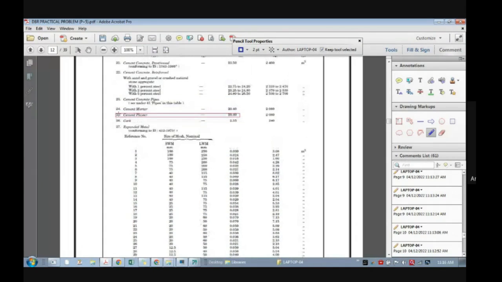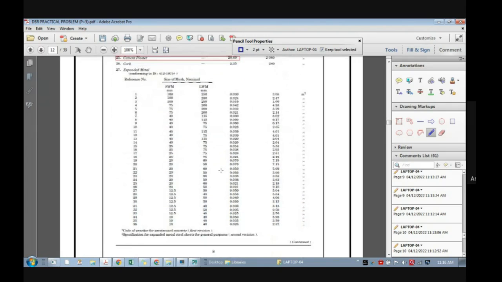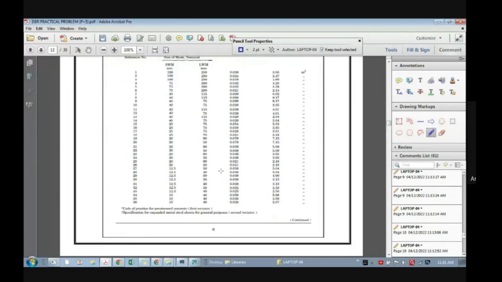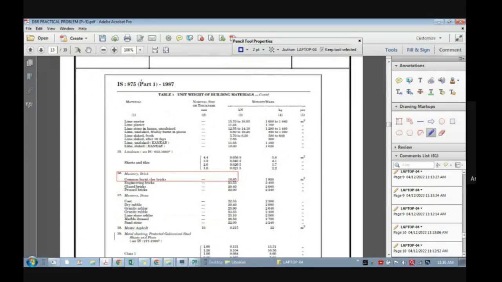And I am putting the red color also. This is the density I am taking for plaster. Getting it? So everything is written here. So this document is self-explanatory. Now this is the masonry brickwork. So this is the unit weight. There are different bricks. We are taking 20 here in this.